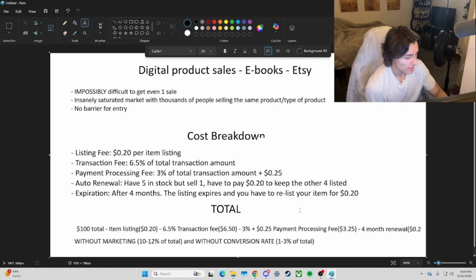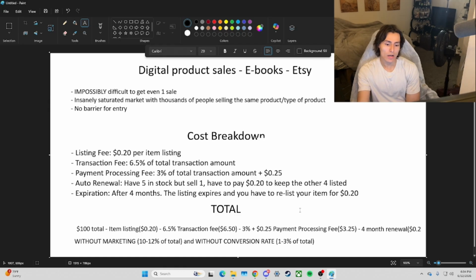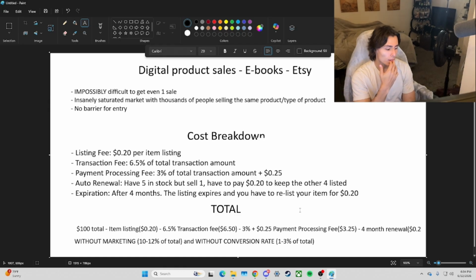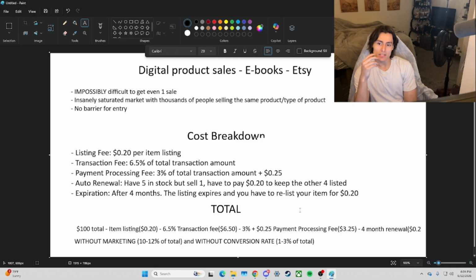It's about $89.85 take home, and that'll go down because of the marketing and the conversion rate. So out of a $100 total, if you're including those two, you're looking at probably about, no, not $85, but a $75 payout. Which to be honest is still pretty good, but also it's not enough because you're already paying all these things.